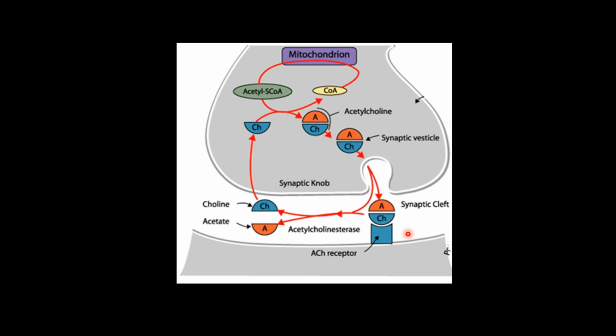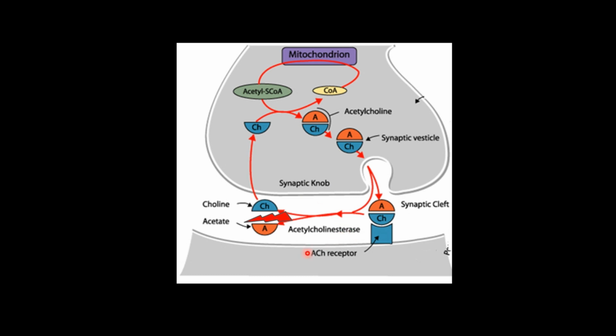But here there is a difference between norepinephrine and acetylcholine. There is no reuptake system which takes this neurotransmitter back into the neuron. Here we have the acetylcholinesterase enzyme system which breaks this acetylcholine into two parts, that is choline and acetate.